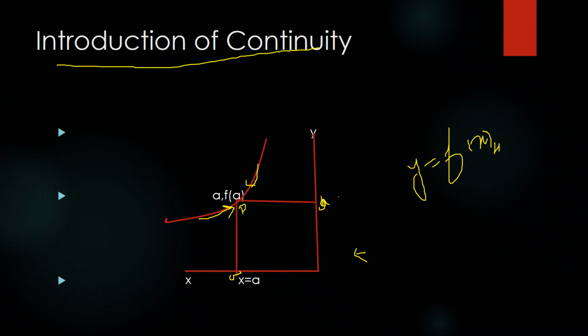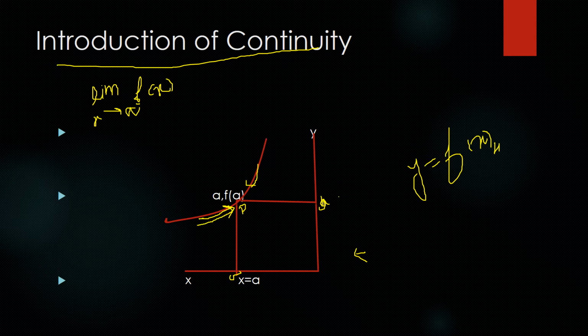In other words, limit x tends to a minus of f(x). It means the function value f(x) tends to which value? I mean it is very close to f(a).